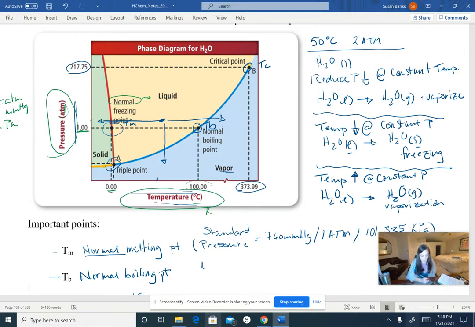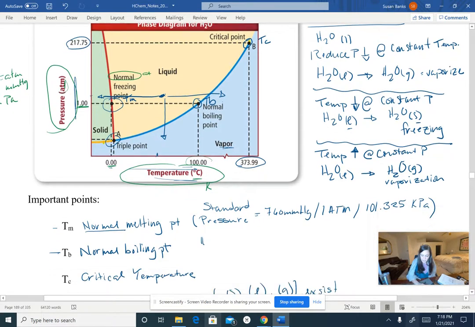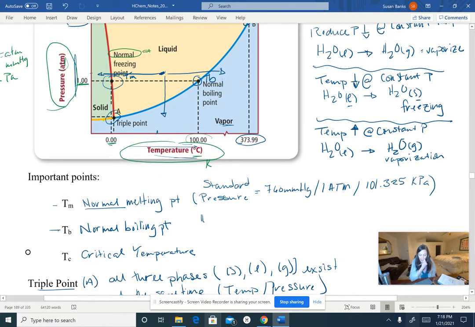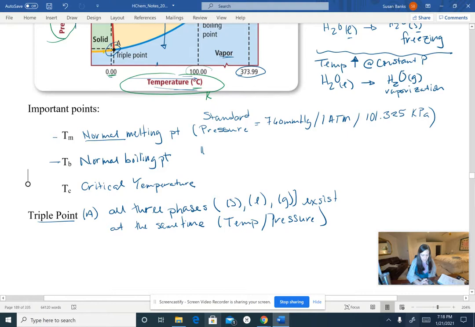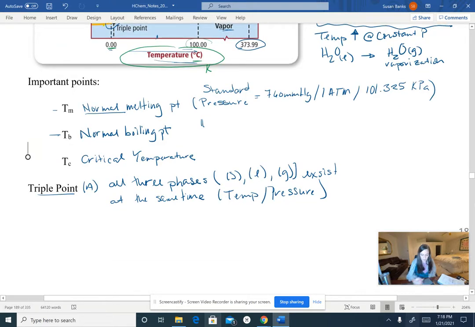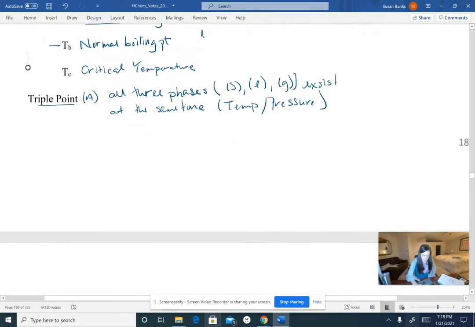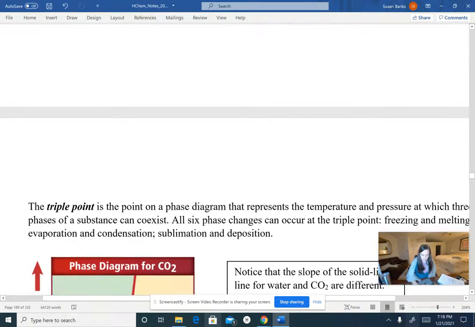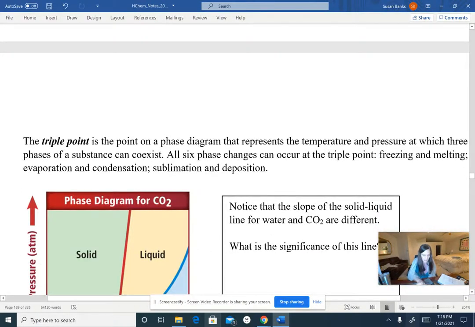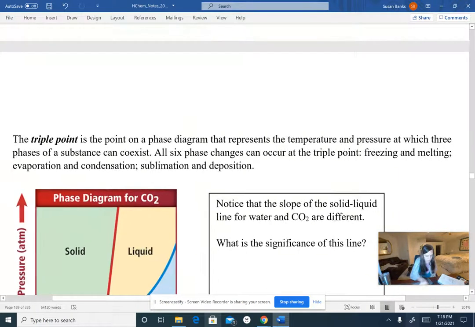We're going to do a couple phase diagrams in your homework, and we will do some more practice with phase diagrams in our next module. Let's make sure we get the definition of triple point.